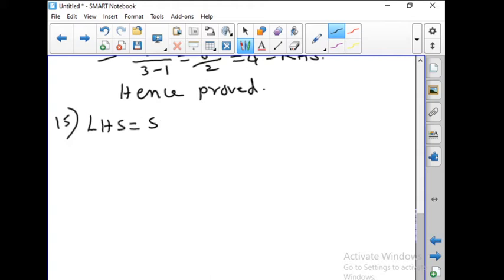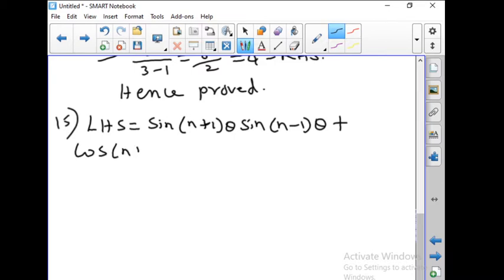So left hand side is equal to sin (n plus 1) theta into sin (n minus 1) theta plus cos (n plus 1) theta into cos (n minus 1) theta.